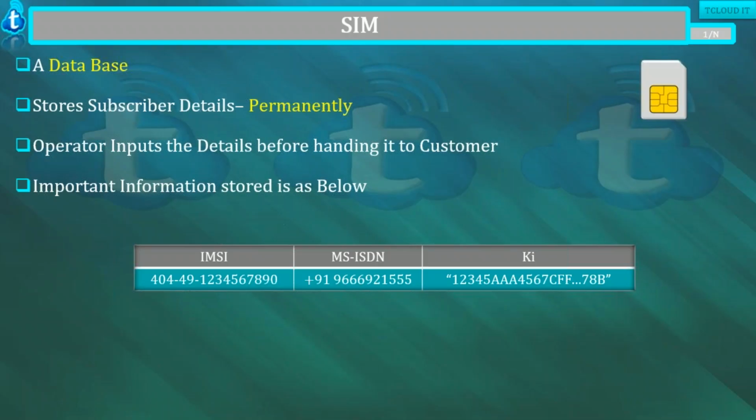If MSISDN is quoted, for example, maybe you wanted to find out what one particular person is doing. Maybe you can make an illegal deal with one of the employees working in Airtel, and tell them, hey, this is that particular person's number, and please keep finding out what that guy is up to, whom he is making calls to and all that. I would like to know those details.